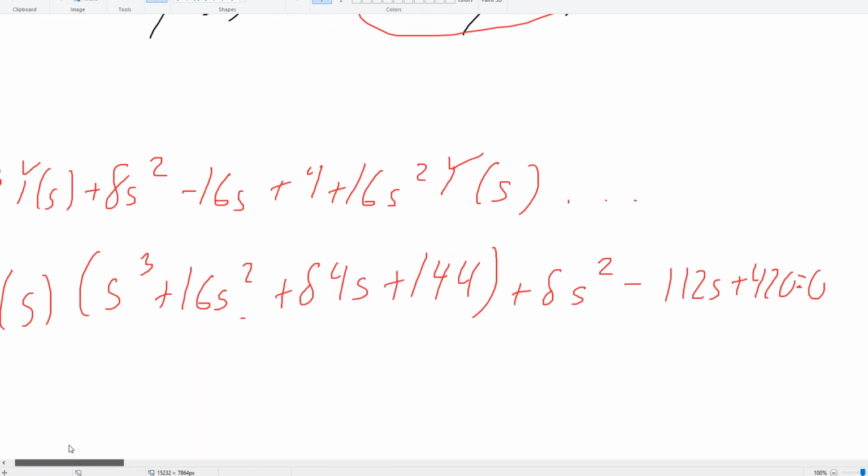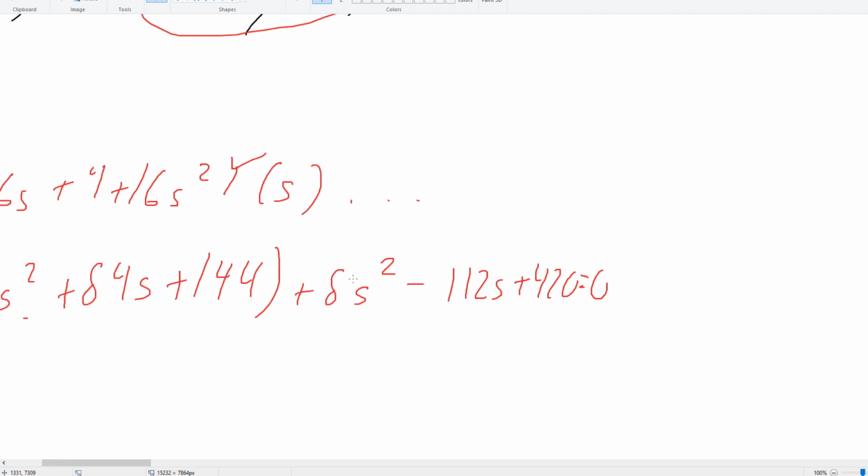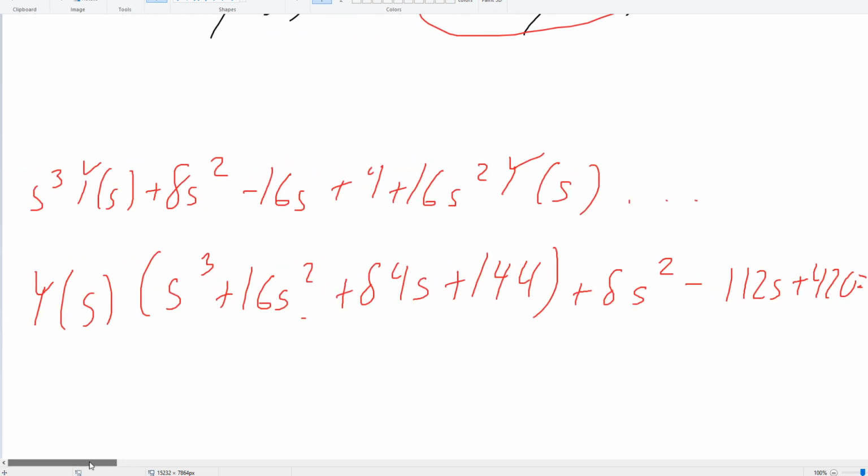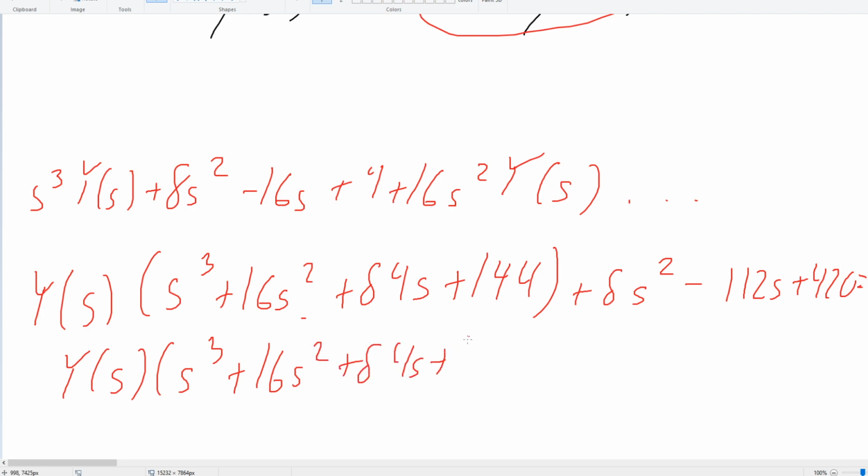All right, so now you have this equation. So you could bring all of this to the right side where the 0 is. So it's going to look like ys times s cubed plus 16s squared plus 84s plus 144, and that's going to be equal to negative 8s squared plus 112s minus 420.